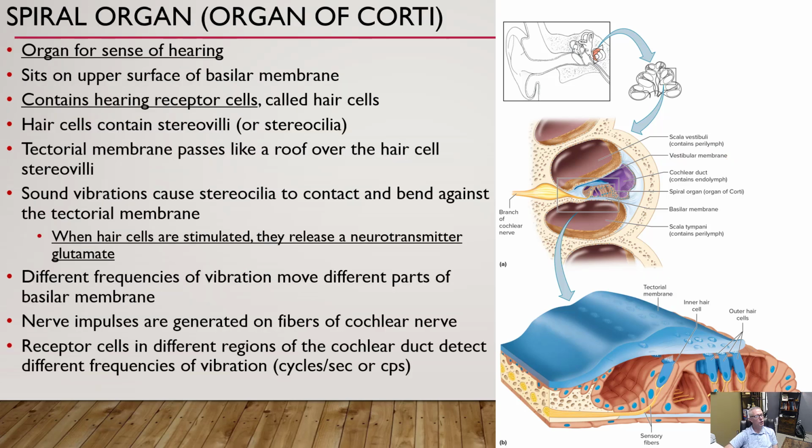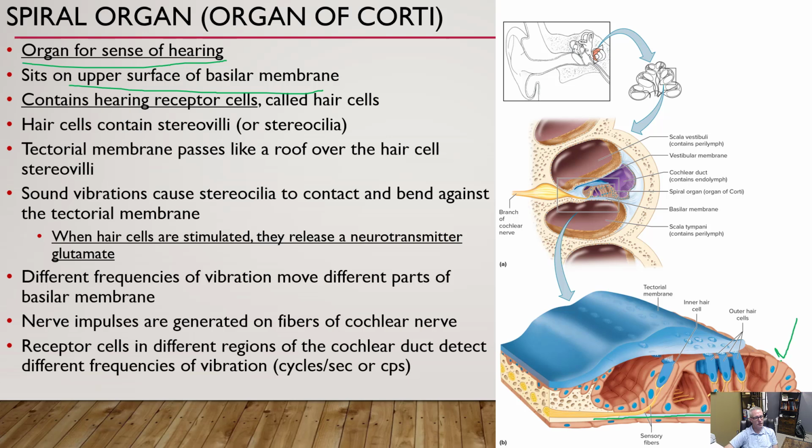All right, so our spiral organ, or our organ of Corti, that is going to be our main organ for the sense of hearing. It sits on the upper surface of the basilar membrane. So remember, here is our basilar membrane. So our organ of Corti sits on top of that.